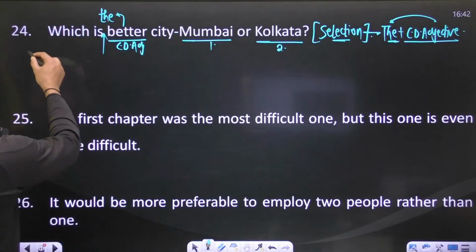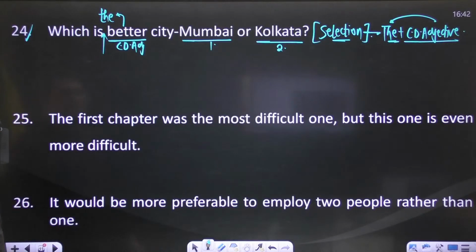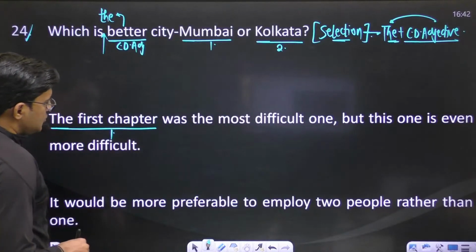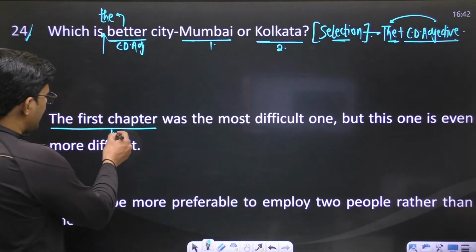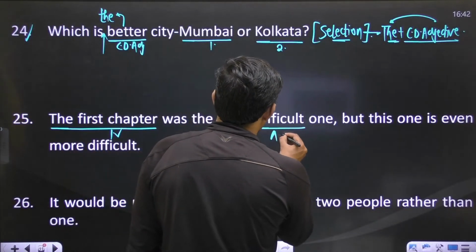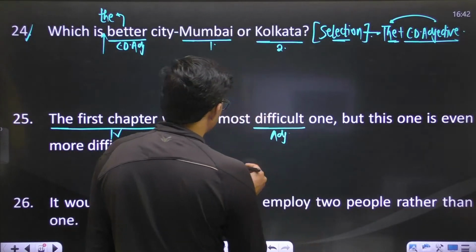Sentence is fine now. Okay, the first chapter was the most difficult one, but this one is even more interesting. Okay, in the first sentence it is talking about first chapter. So here we are talking about one chapter. So difficult is an adjective and we are talking about positive degree.